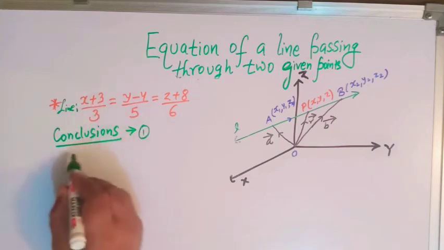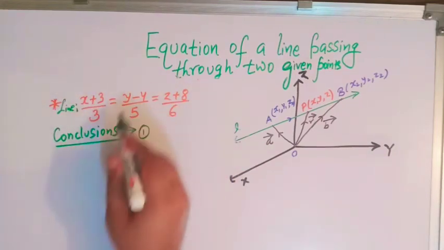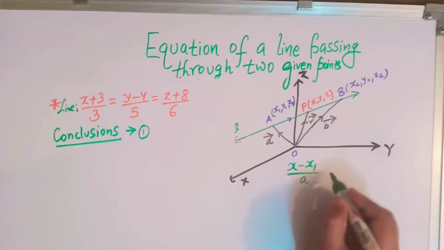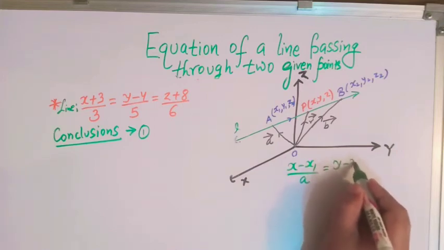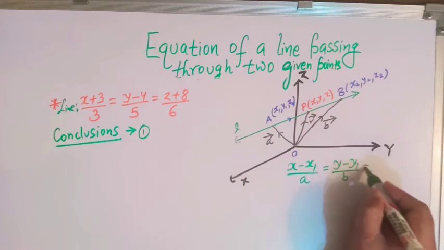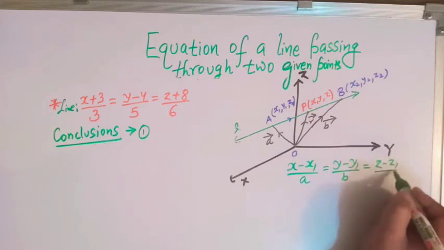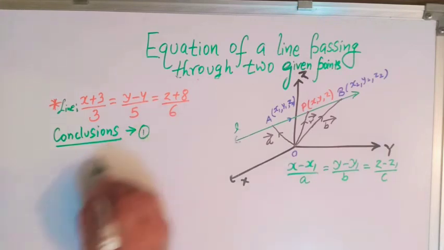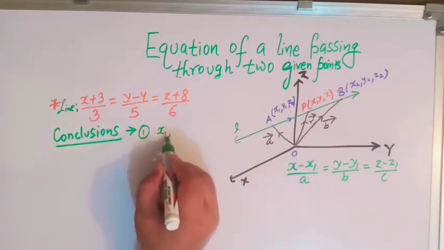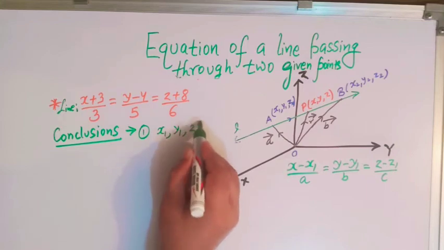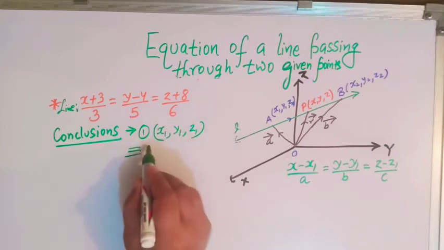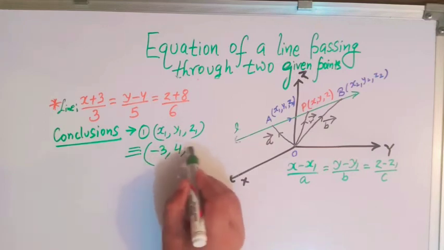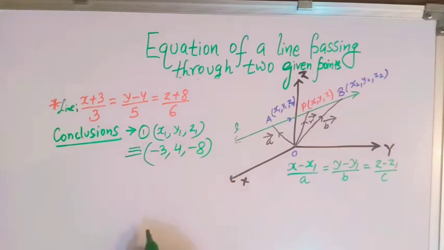So if we compare this equation with x minus x1 divided by a, y minus y1 divided by b, and z minus z1 divided by c, then we see that the point x1 comma y1 comma z1 is equal to minus 3, 4 and minus 8, right?